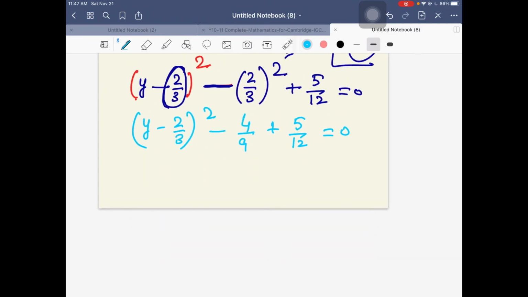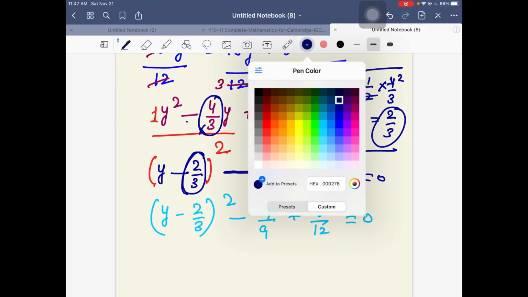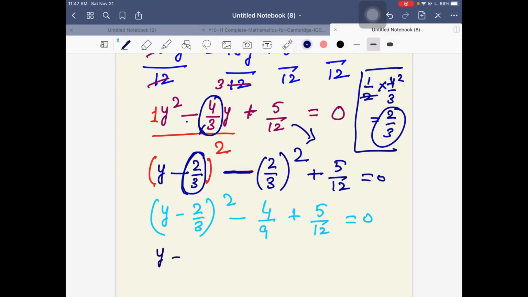The next step is to simplify the last terms. This is y minus 2 by 3 whole squared. How can we simplify them? 9 and 12: what is the LCM of 9 and 12? It is 36. So let's make it 36, times 4 up and down, and times 3 down and up.